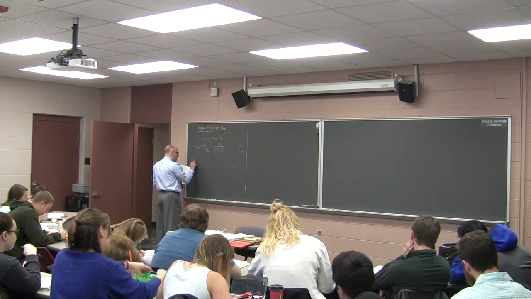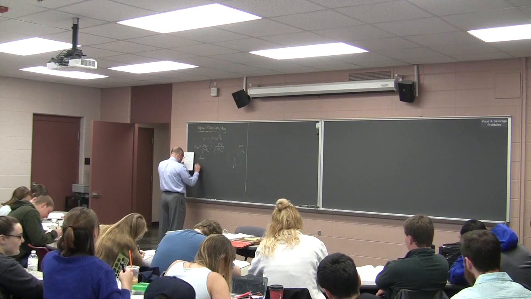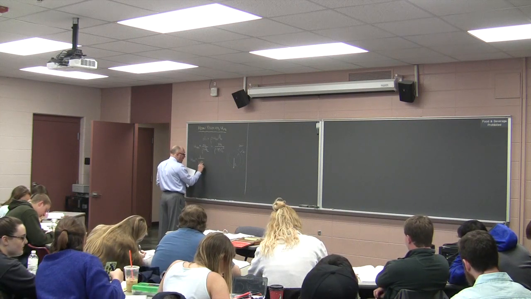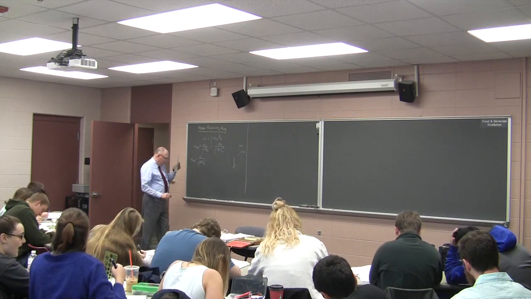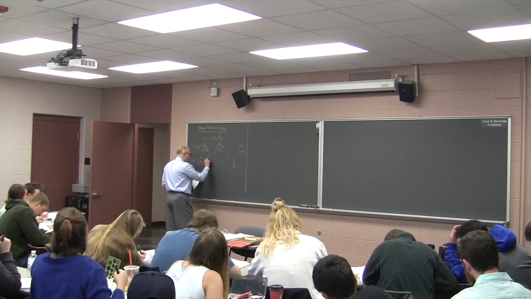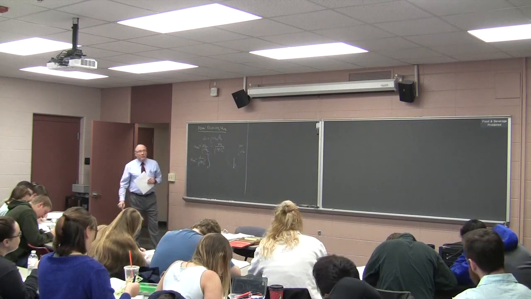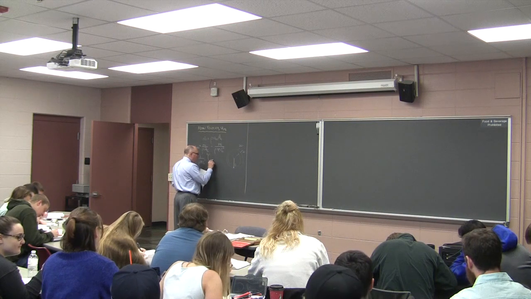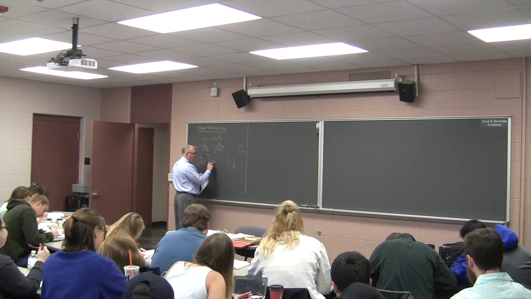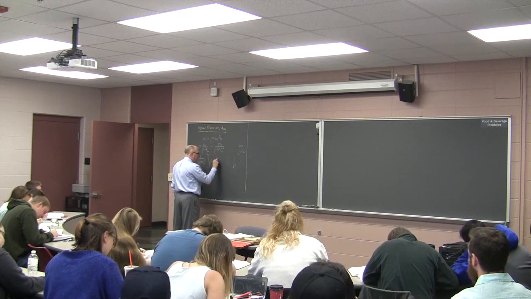u mean is going to be equal to 1 over rho pi r0 squared, which is the total area over which I'm integrating, so I'm going to divide that back out. And I'm going to integrate over the entire area of the pipe from 0 to r sub 0. And it's going to be rho u, and here's our variable because u is constantly changing, as you know, times dA.